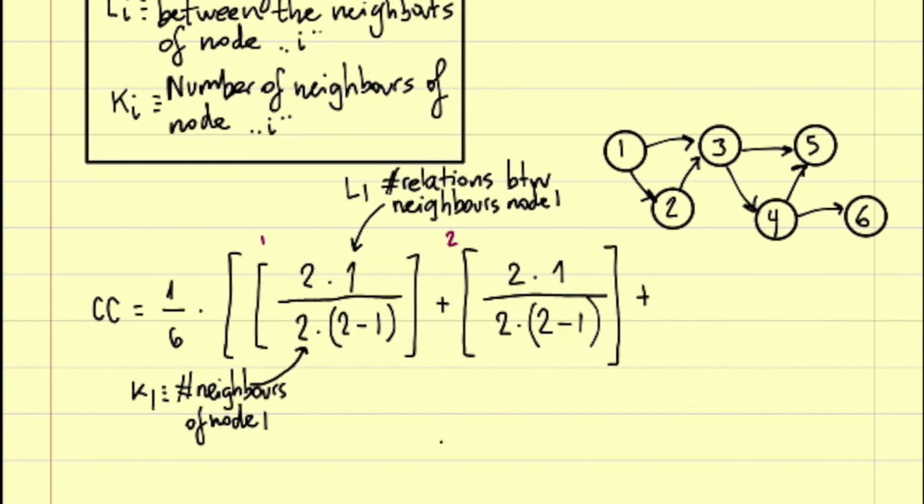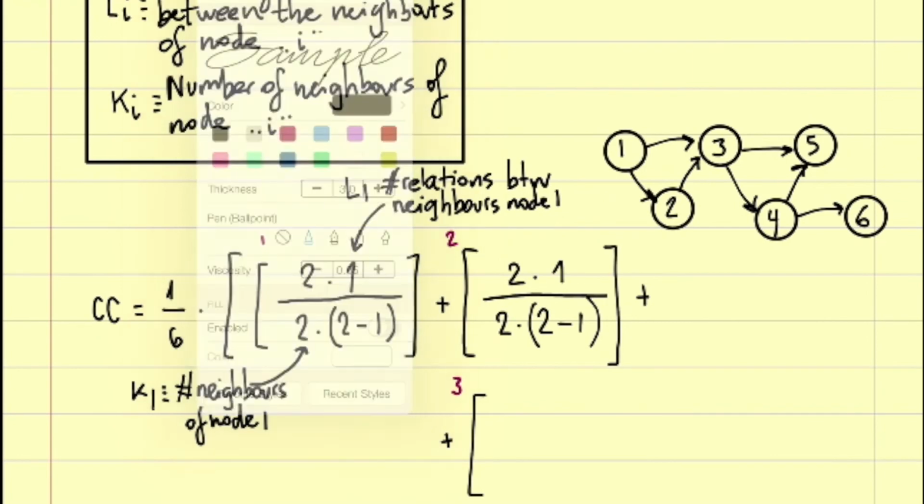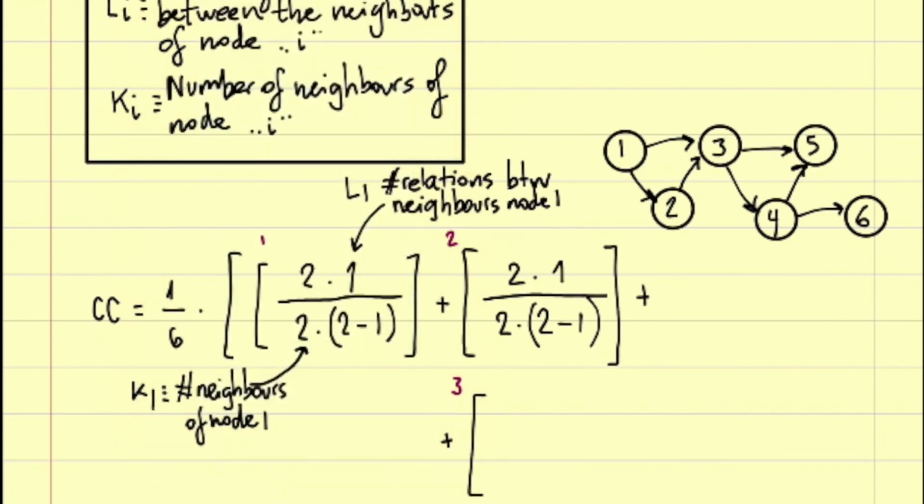Next, let's do it for node 3. For node 3, I have 2 times... I have 1, 2, 3, and 4 neighbors.